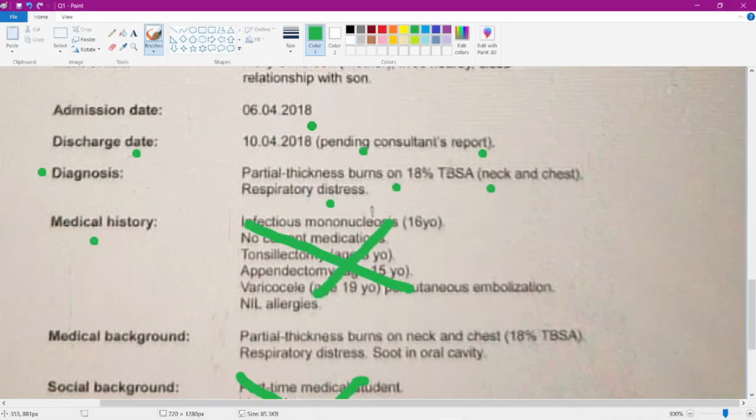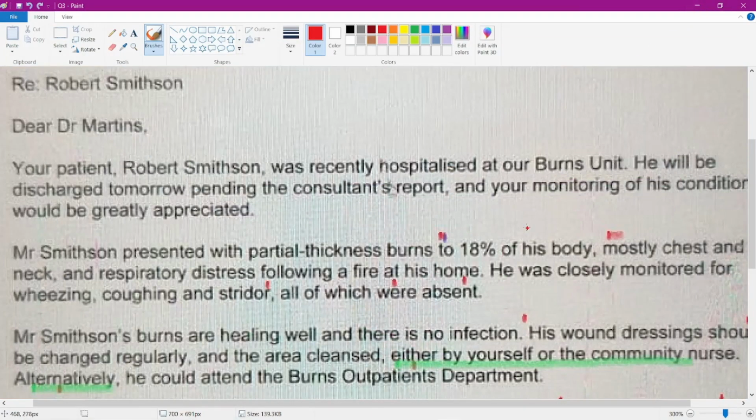Here I am mentioning, they took this date and pending consultant's reports has been mentioned like that. And your monitoring of his condition would be greatly appreciated. So you already know, would be greatly appreciated.